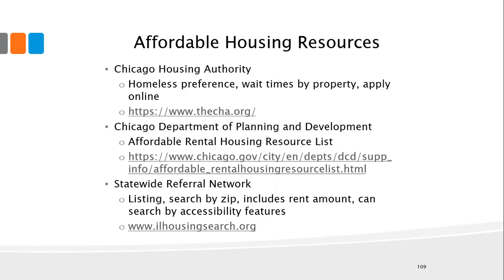It used to be called Section 8, and most people still refer to it as Section 8. That's when a subsidy is attached to the household and they can find an apartment to work with the landlord. And for other services related to our city's affordable housing list, that link is provided there, as well as a statewide link.